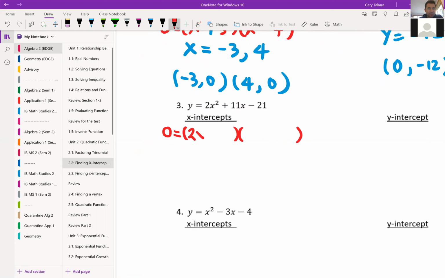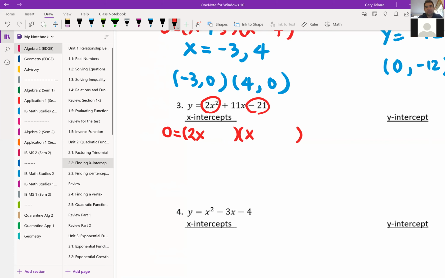So it's got to be 2x and x, right? To get that 2x squared. You're going to skip the middle term. Focus on the last number, negative 21. What times what gives you 21? Let's not even think about the negative number, but just 21.